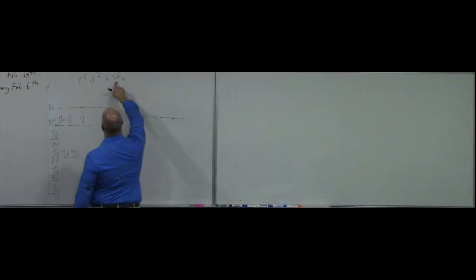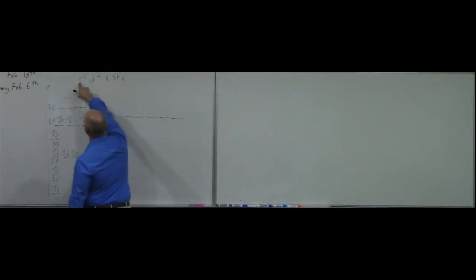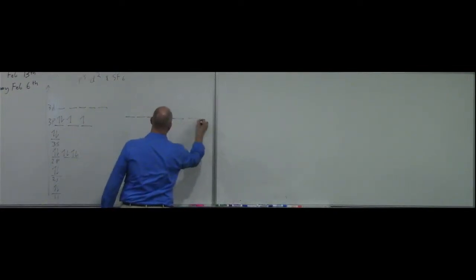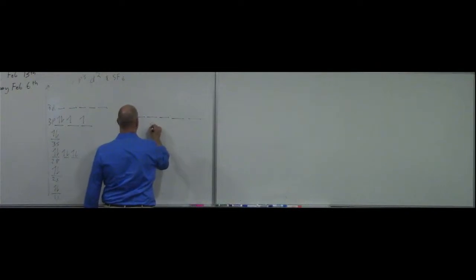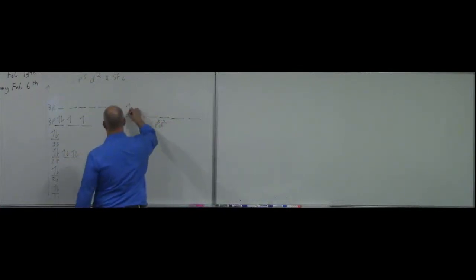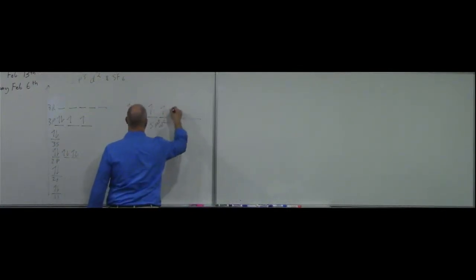We're doing sp3d2, so you count them, that's 1, 2, 3, 4, 5, 6. So I need 1, 2, 3, 4, 5, 6. So these are my sp3d2 orbitals, and I've got 1, 2, 3, 4, 5, 6 of these things.